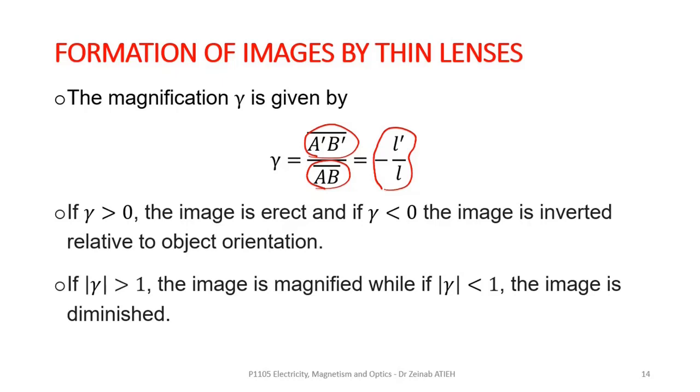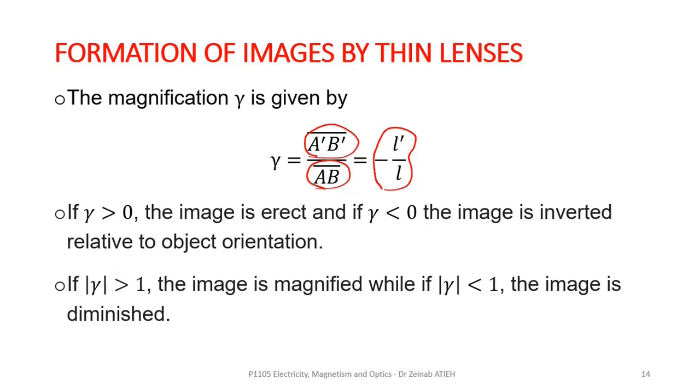If it is erect, if the object is upward, then the image is also upward. They have the same orientation, gamma positive. They have different orientations, then gamma is negative. Now if gamma is greater than 1, it means that the size of the image is larger than the size of the object.